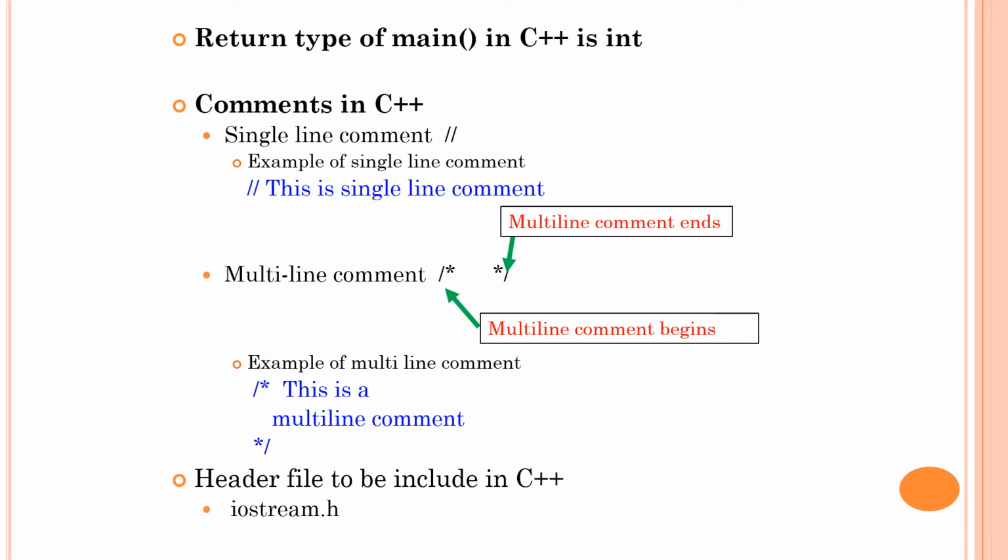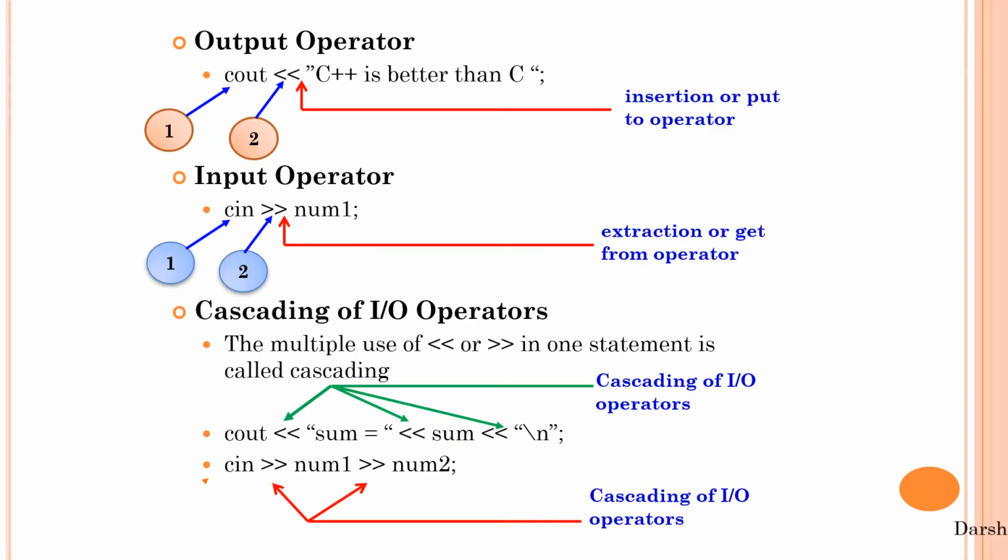Also, for writing a C++ program, the header file that needs to be included is iostream.h. Now we will see how to take input from the user and display output to the user. First we will see how to display output. In the statement cout << "C++ is better than C", there are two features.